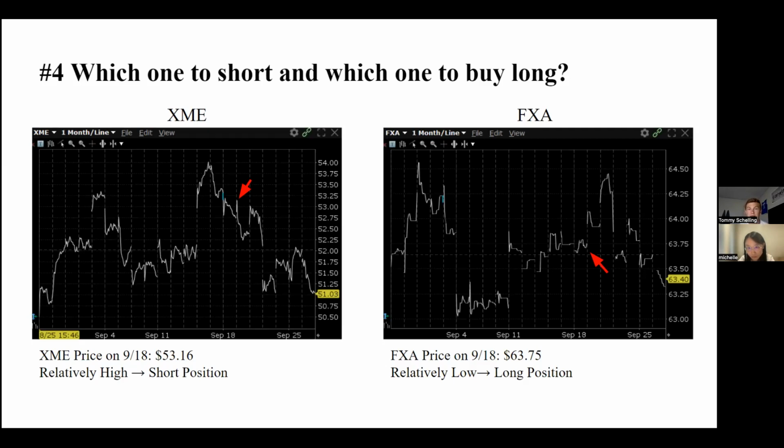So XME obviously was relatively high on the date we decided to implement the strategy. So we thought we would go short on XME, thinking it would go down because it is high right now. And then FXA, we hoped it would grow in value. So we were going to go long on FXA.